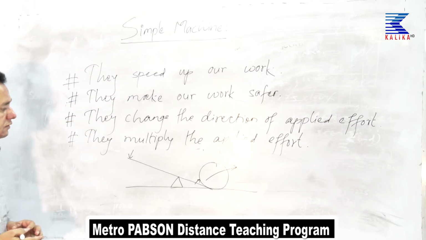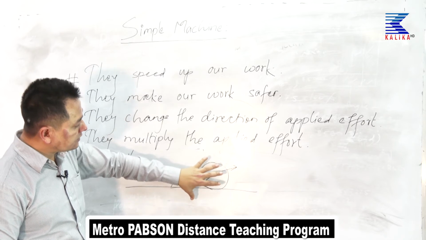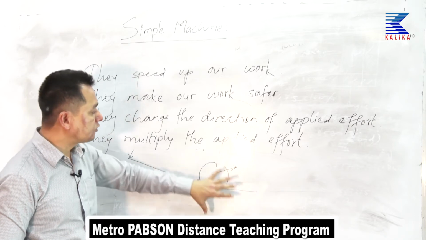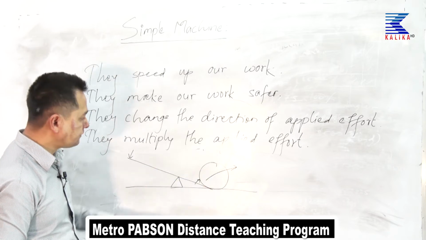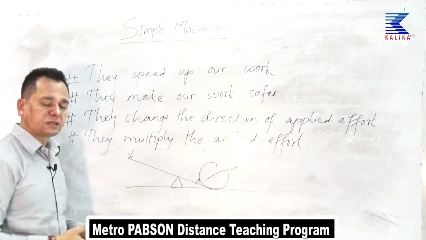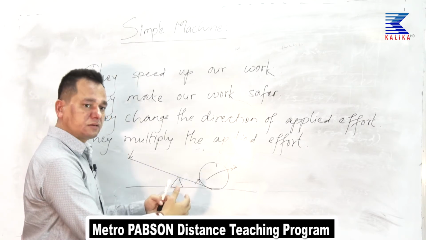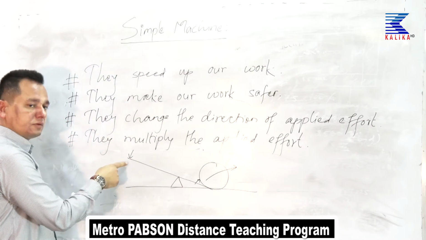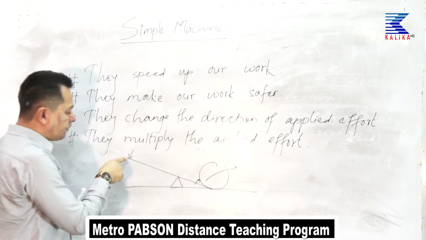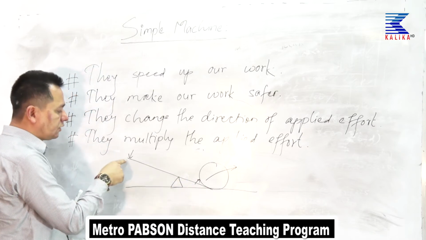It means, for example, to get this stone turned, suppose it requires 5,000 Newton force, but with our bare hands we are unable to exert that much effort, so we cannot turn it. But using this device, this crowbar, this lever, we can turn it.